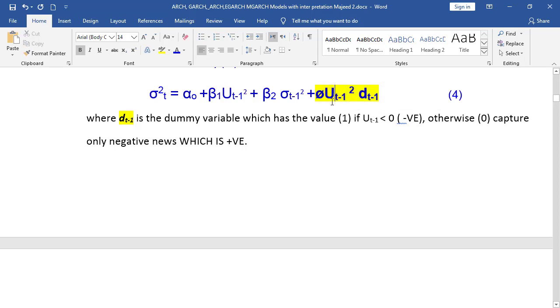But here the dummy variable d lag 1 is the variable which has the value of 1 if the residual lag 1 is less than 0, which is negative, and otherwise 0. It captures only negative news, whereas 0 is positive.